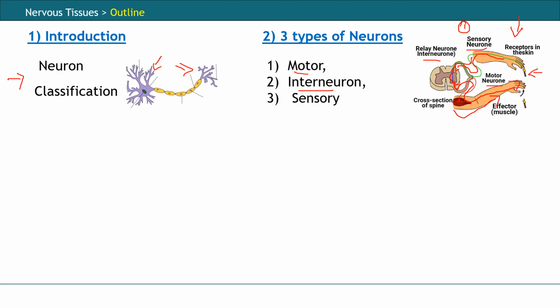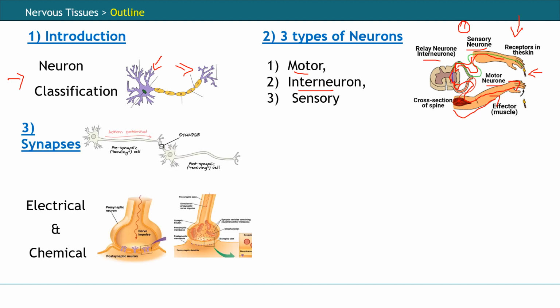So we're going to talk about the terminology, then the different types of neurons, and later something that you have heard a lot, that is synapses. We're going to talk about two types, electrical and chemical synapses.